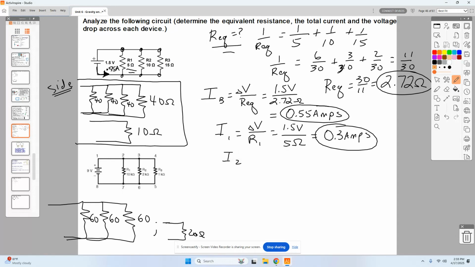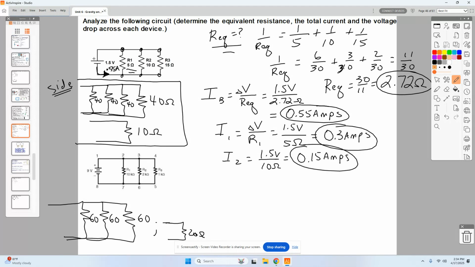I2, same equation, same voltage, different resistance. I didn't need a calculator for that. I'm dividing that by a number twice as big, so I should get a number that's twice as small. And so 0.3 is now 0.15 amps.